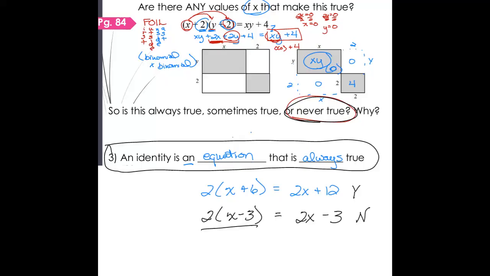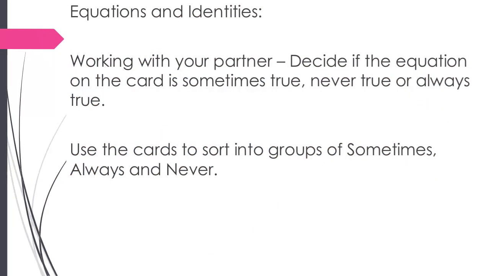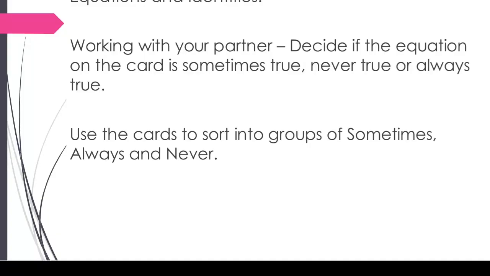Okay? All right, now let's get to the fun part. So you're going to work with a partner. I am going to give you several of these pale yellow canary equations. They're all equations. You have to decide as a twosome if they are, I should look and see what order I put them in.